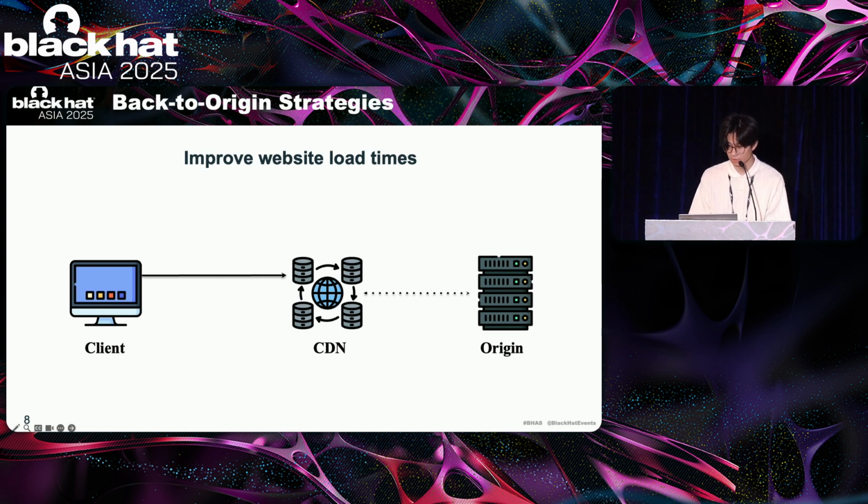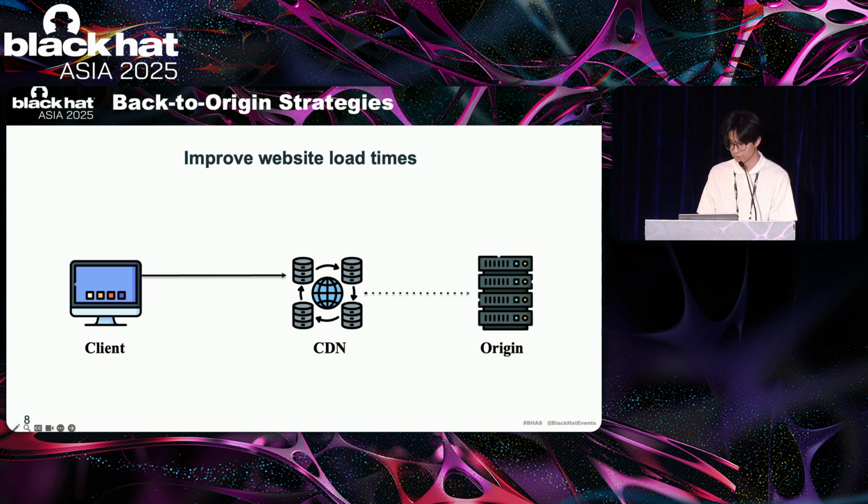So how do attackers find vulnerabilities in CDN? One of the most concerning weaknesses comes from back-to-origin strategies, which were originally designed to optimize CDN performance. These strategies can broadly be divided into two categories.